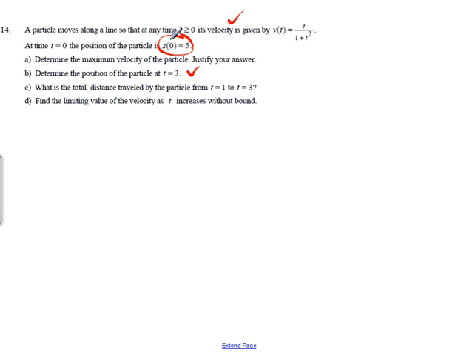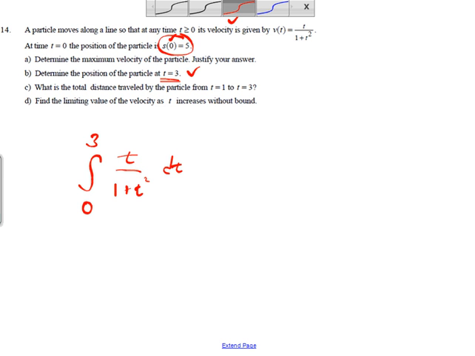So since they give us the position at time equals 0, we're going to integrate from 0 up until the time that I'm curious about, which is 3. And I'm going to integrate my velocity, which is t over 1 plus t squared dt. I look at this and I say, okay, this is almost a derivative up top.